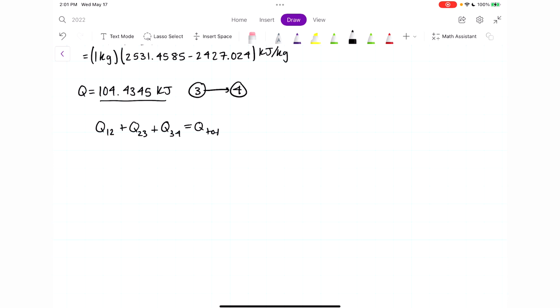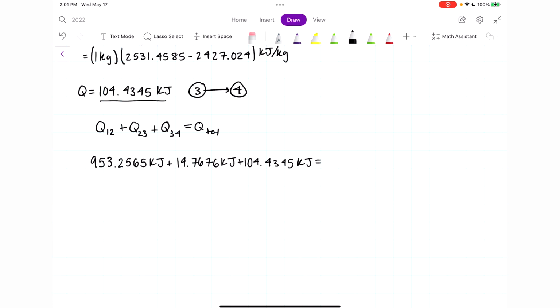So Q12 is 953.2565 kilojoules, plus 14.76 kilojoules, plus 104.4345 kilojoules.